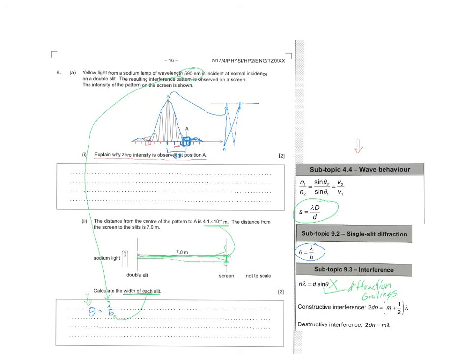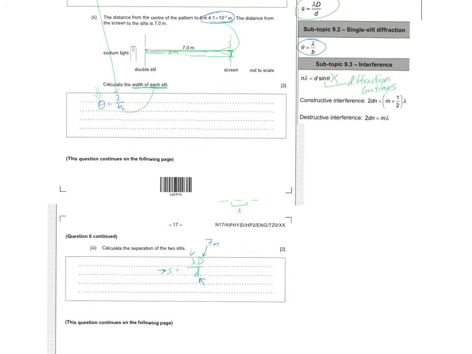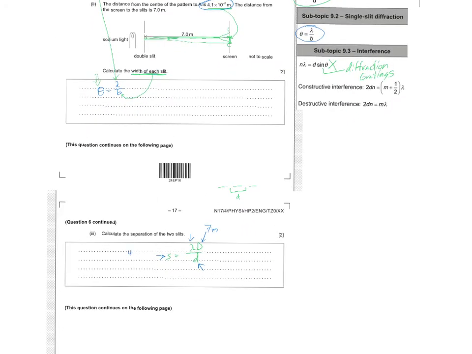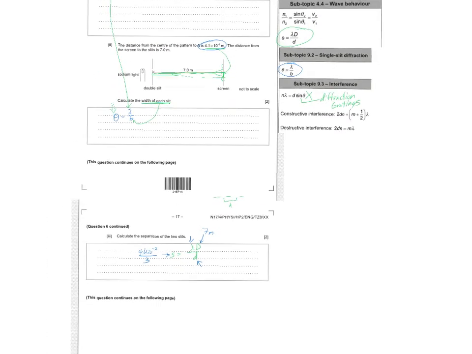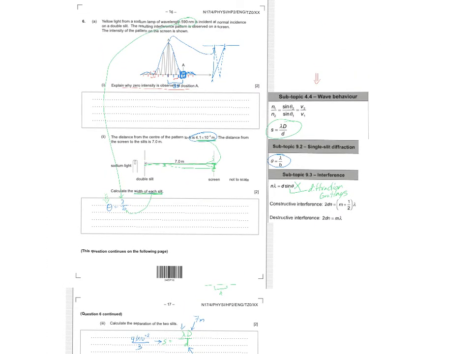It's right in the middle, and it is an estimate, right? We're guessing that it's right in the middle, but that's 3s, and we do have the distance for A. The distance for A was 4.1 times 10 to the negative second. So s will be that 4.1 times 10 to the negative second, but then divided by 3 to get the distance from one bright fringe to the next. All right? So hopefully that will help to answer that question. Make sure that you use the right formulas and the right scenarios, and hopefully that beginning gave you enough information that you'll be able to understand and put together the double slit, single slit ideas. All right?